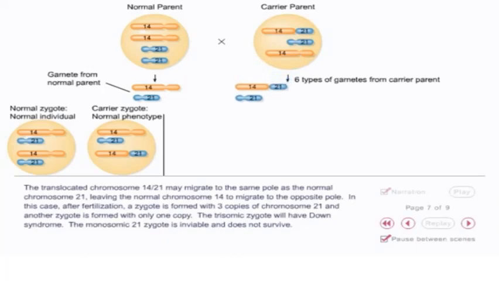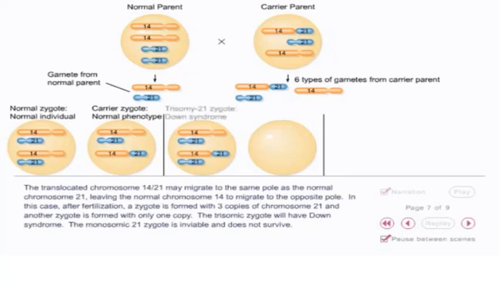In this case, after fertilization, a zygote is formed with 3 copies of chromosome 21 and another zygote with only one copy. The trisomic zygote will have Down syndrome and the monosomic 21 zygote is inviable.